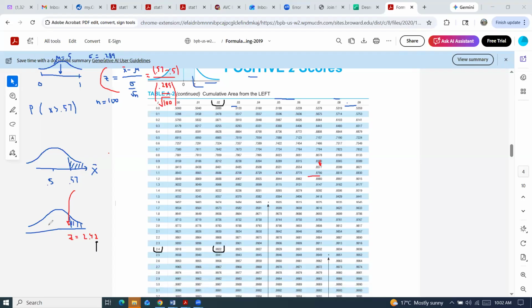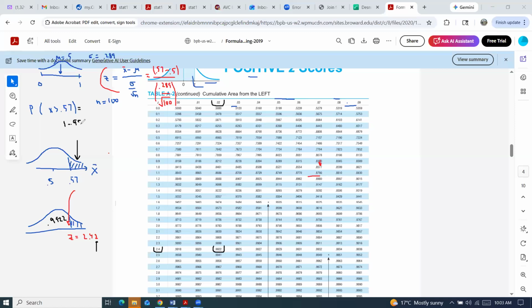So this is the area from the left as usual, right? 0.9922 is the area that we'll use to find my answer. So the answer is going to be subtraction from 1 to get the other side tail.